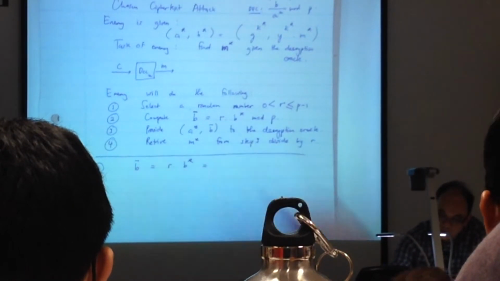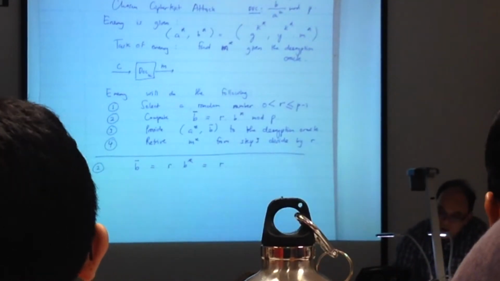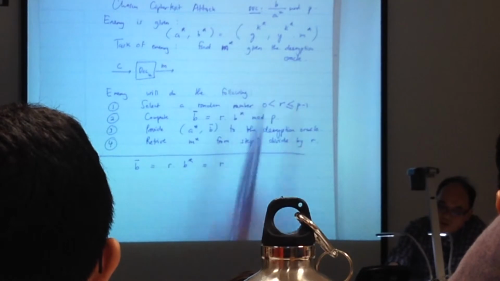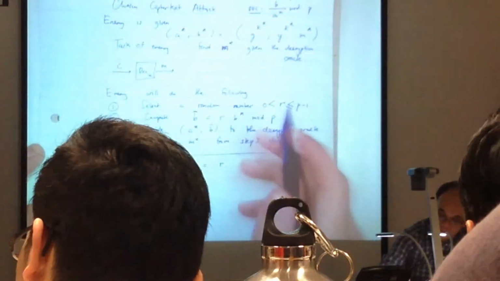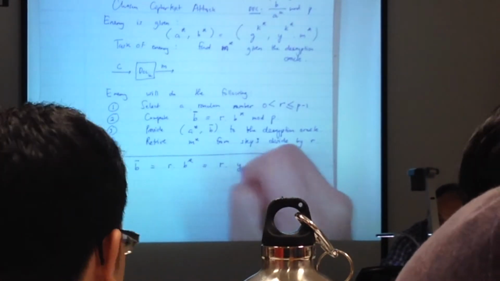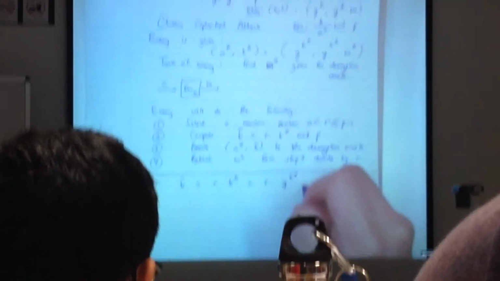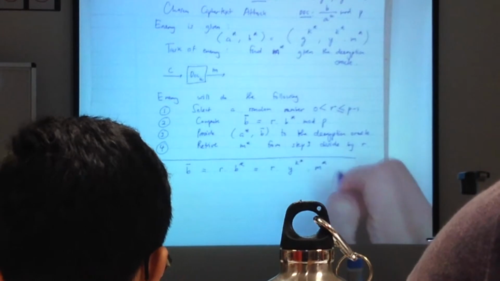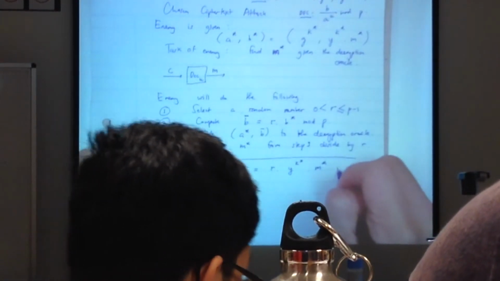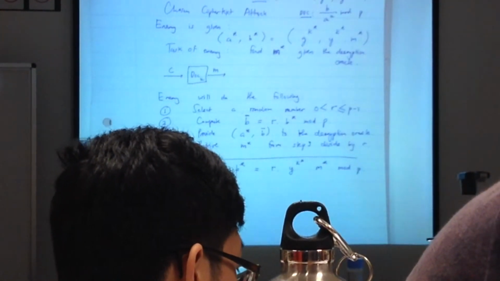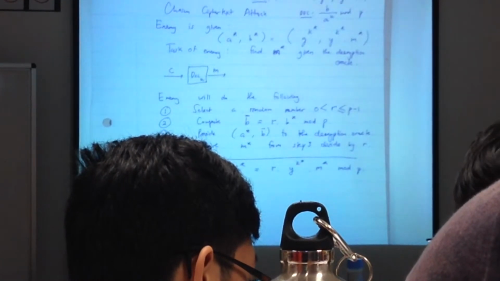This is equal to R times B star, where B star is the ciphertext in question. That means it is equal to R times Y^K star times M star. Everyone follow?